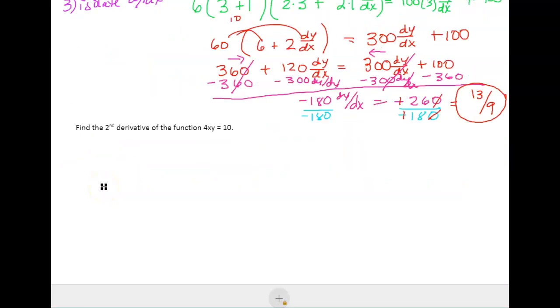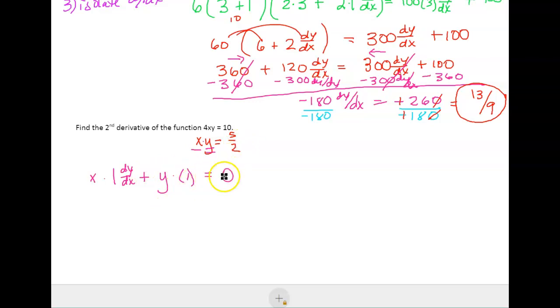All right, last example, we're going to find a second derivative. We can divide by 4. I probably will. So xy equals 10 over 4 is going to be 5/2. But that's still the original. This is 1, that's 2. So I've got 1 d2 plus 2 d1.